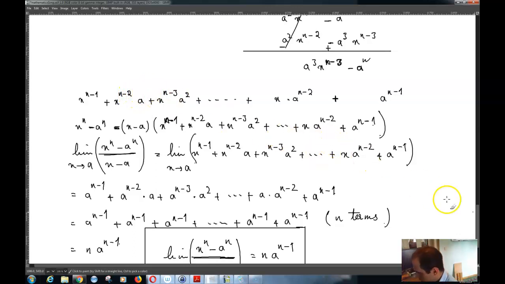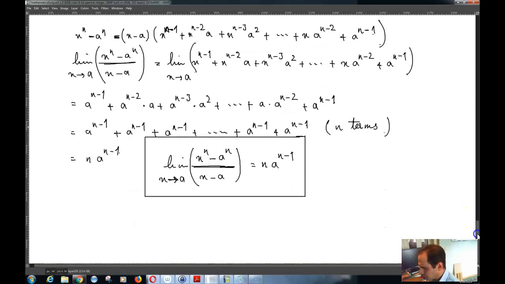I think lies with polynomials, because in a polynomial we say that f of x is equal to a of 0 plus a of 1 x raised to the power 1 plus a of 2 x raised to the power 2 plus all the way up to a of n x raised to the power n.